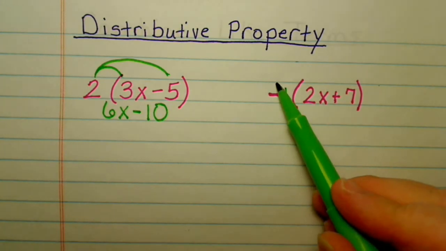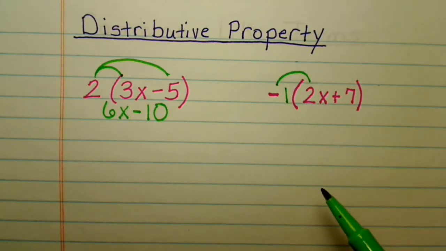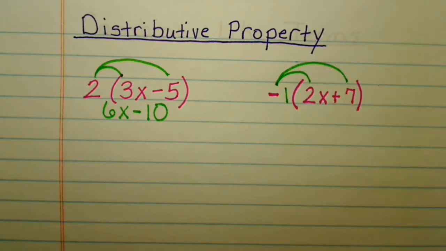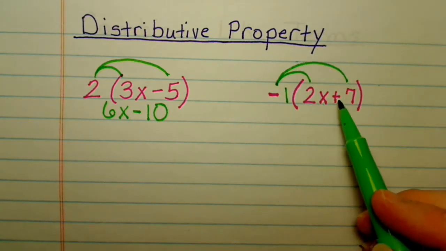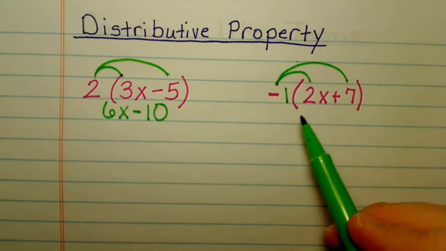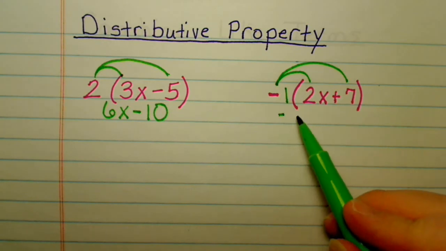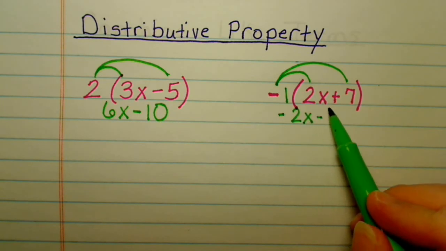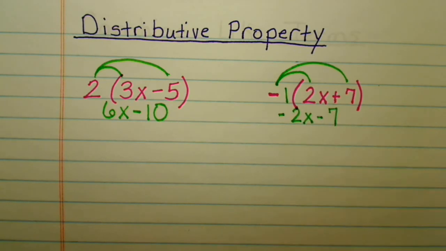So you're going to do a negative 1 times 2x and a negative 1 times that positive 7, the plus 7, which is the same thing as a positive 7. And that gives you a negative 2x minus 7. We don't want to put a plus a negative. We want to just put a minus sign there.